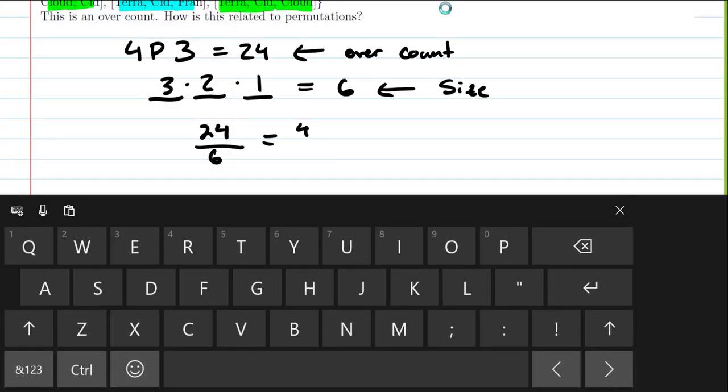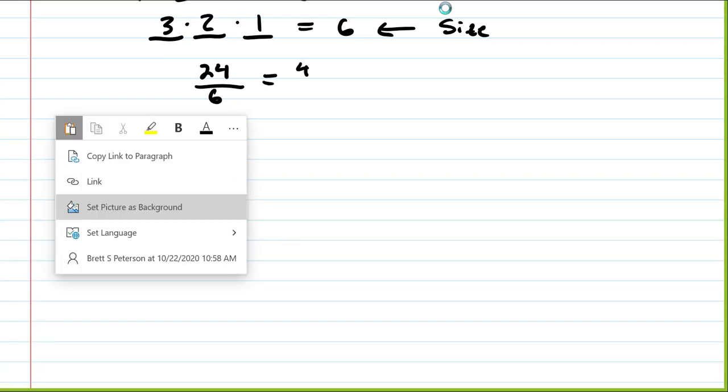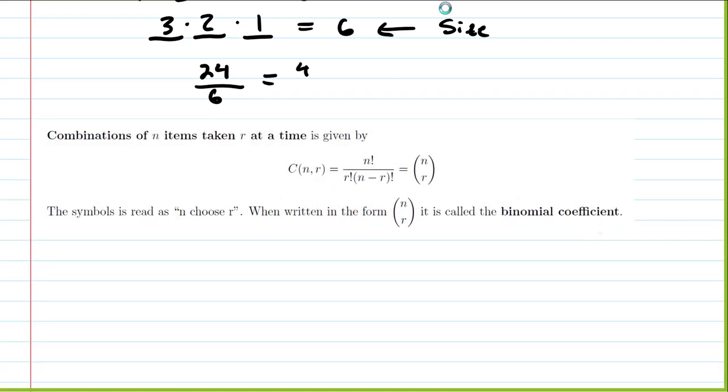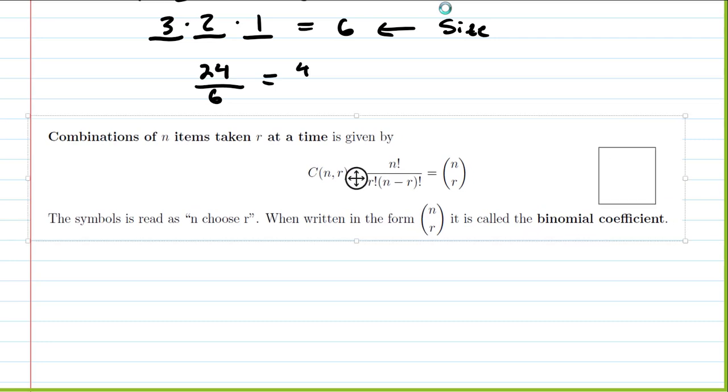When rearranging n objects r at a time, where the order doesn't matter, we call that a combination. Combinations are given the symbol C. So C of n, r is given by n factorial divided by n minus r factorial.